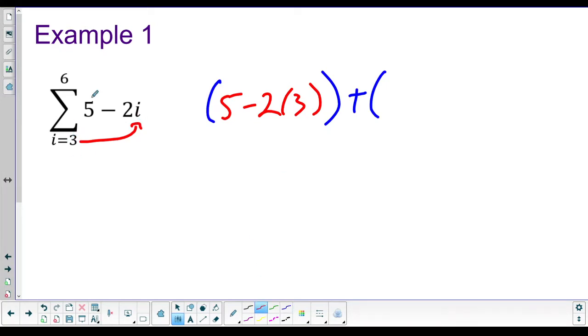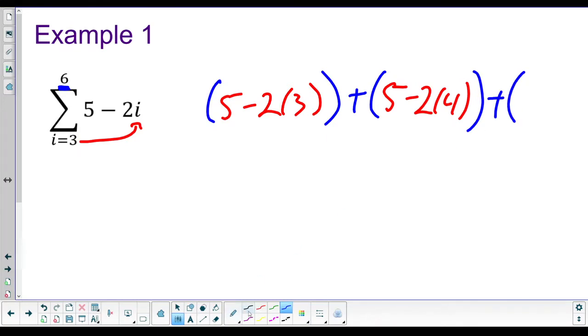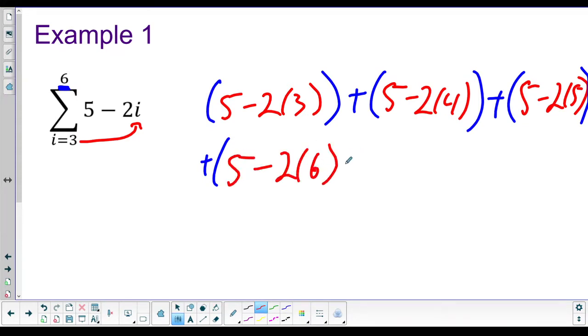So we plugged in 3, now you plug in 4. So this is going to be 5 minus 2 times 4. And then you just repeat this until you get to your upper bound. So then we're going to have 5 minus 2 times 5, close parenthesis, plus 5 minus 2 times 6.